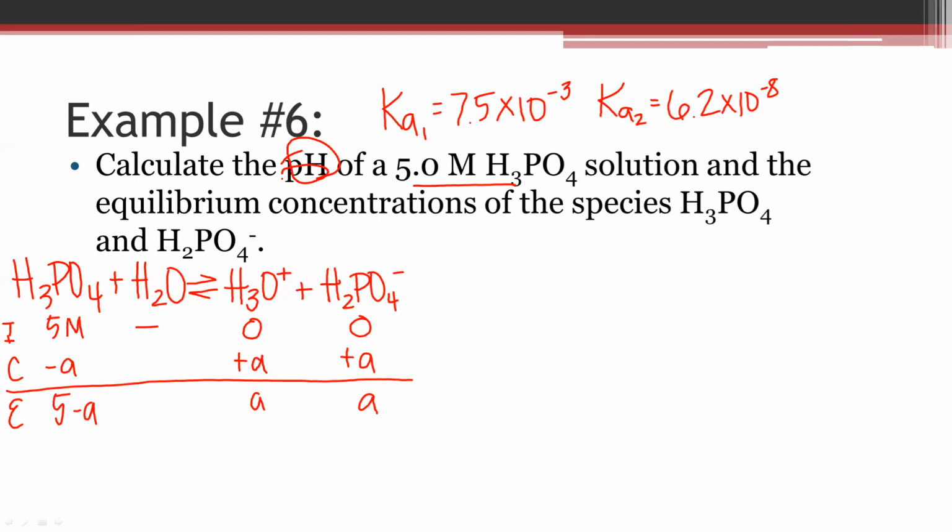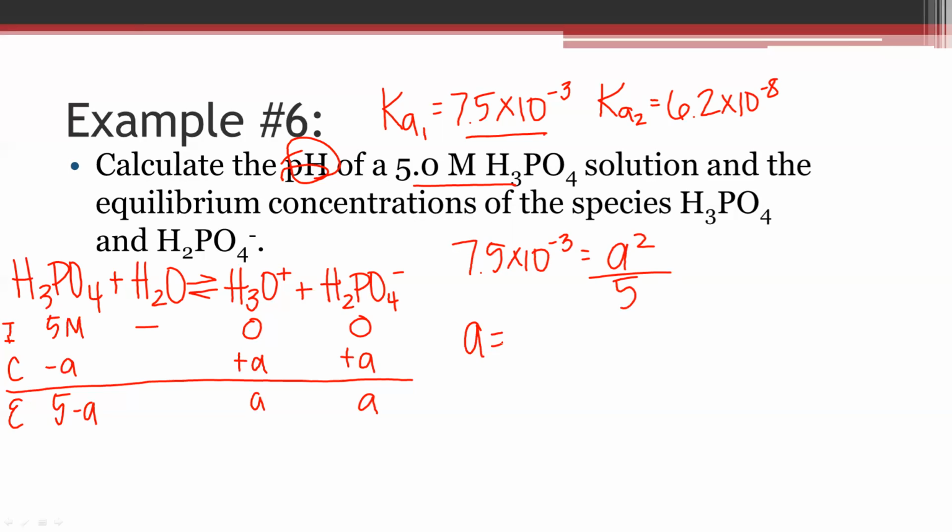The Ka, we're going to use the first Ka value because it's the first proton lost, 7.5 times 10 to the negative 3 is equal to, simplifying here, A squared over 5, because we're assuming that since it's a weak acid, we can make that assumption.